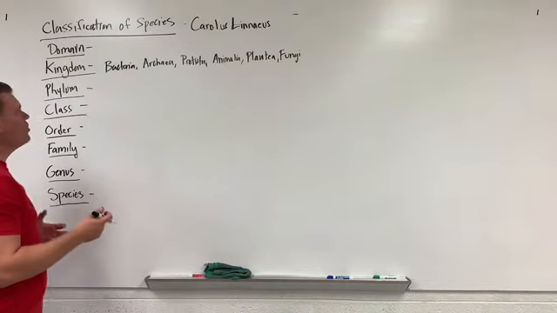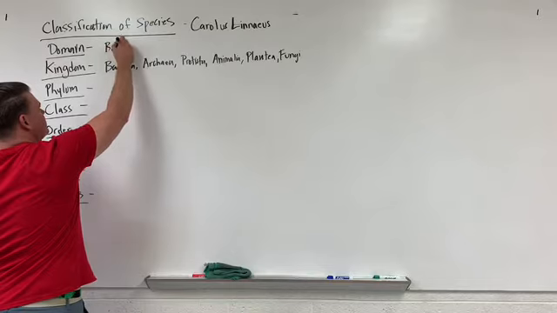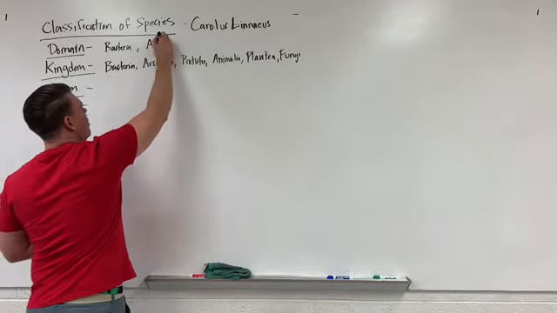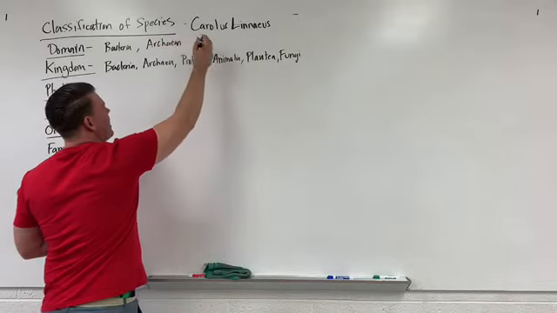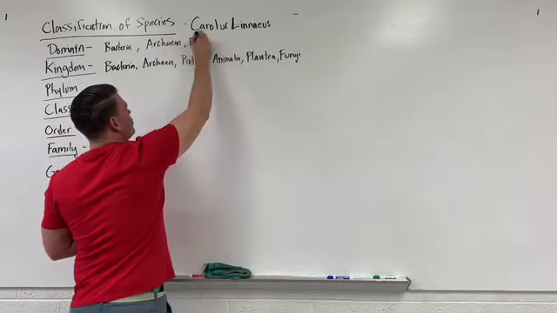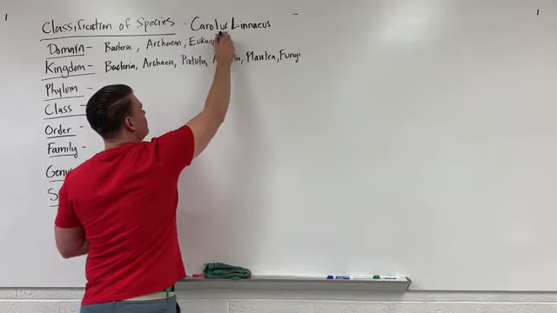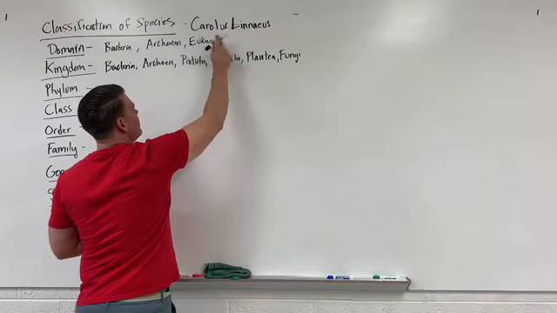And so those 3 separate types of cells are bacteria cells, archaean cells, and eukaryotic. Or what we're going to do here is let's say eukarya.